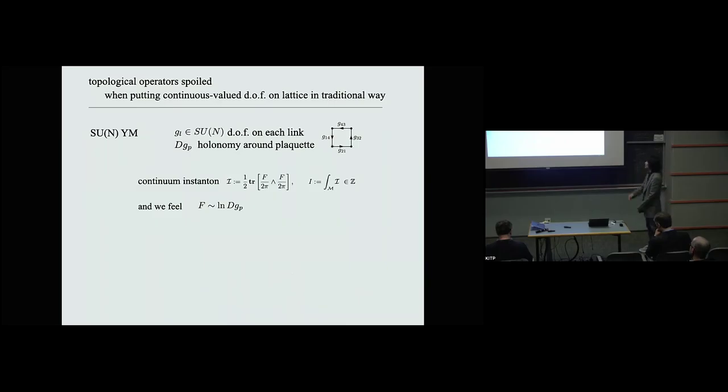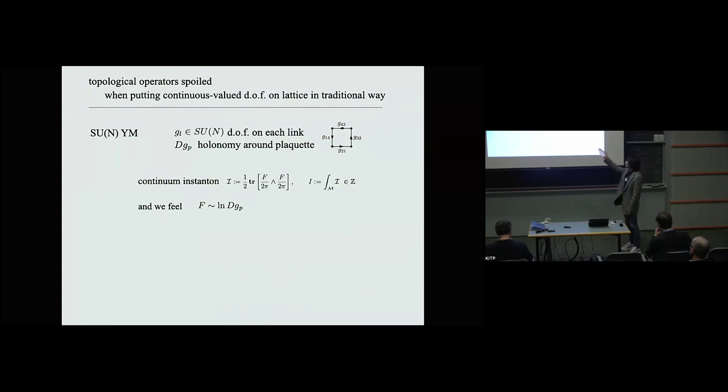So let's look at SU(N) Yang-Mills theory, where we have this SU(N) Wilson line degree of freedom on each lattice link. And we focus on the holonomy around each plaquette, denoted as dg. And in the continuum, we know the instanton has an expression like trace F wedge F, the instanton density. And the integral of the density over a 4-dimensional manifold with suitable boundary conditions is an integer.